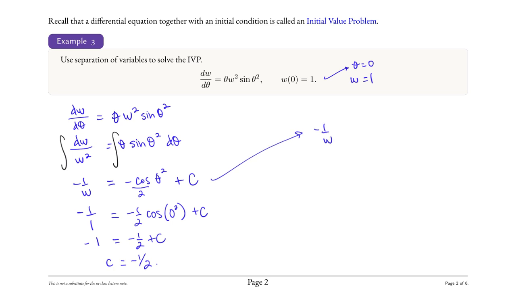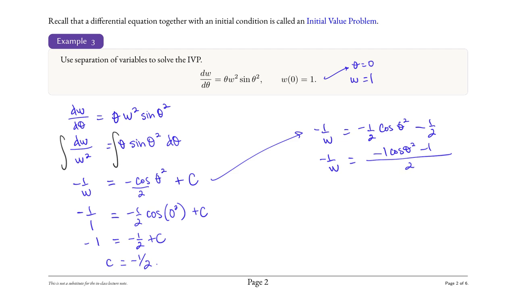Minus 1 over w is minus 1/2 cosine of theta squared plus c, but c is minus 1/2. Negative 1 over w equals minus 1/2 cosine theta squared minus 1/2.